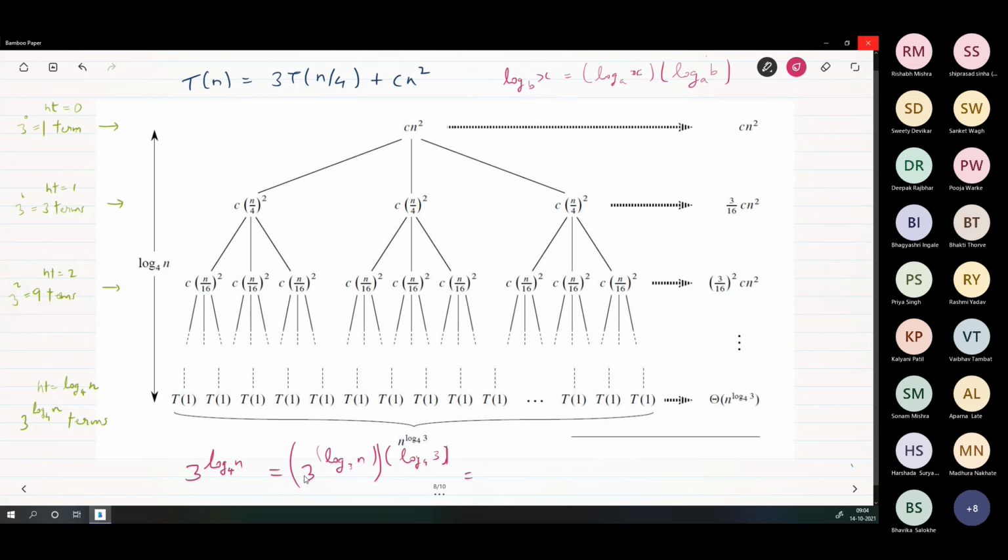But a to the log n to the base a is n itself. You wanted this base to match this index. That is what you have to do. So then you get n itself, and then the remaining log 3 to the base 4. That is how you get this. Is that clear, everybody?